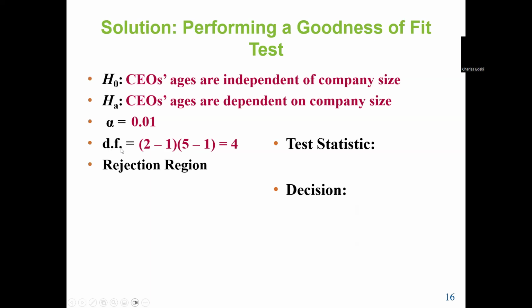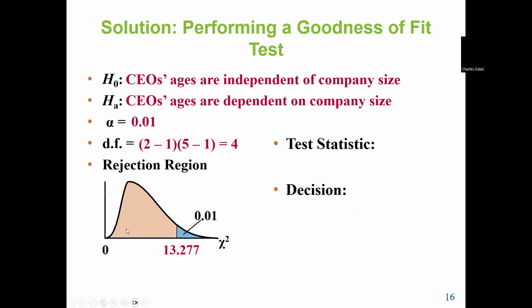So we're able to find the degrees of freedom. Now, with that, we can come up with a critical value. Here, again, alpha is 0.01. Remember, we always say the test is a right tail test. So we have our value 0.01, and the critical value is 13.277.